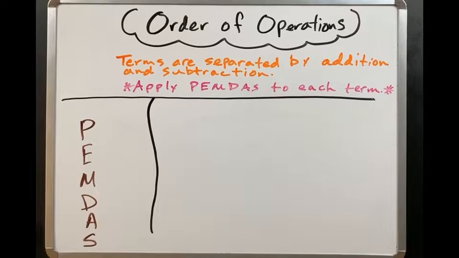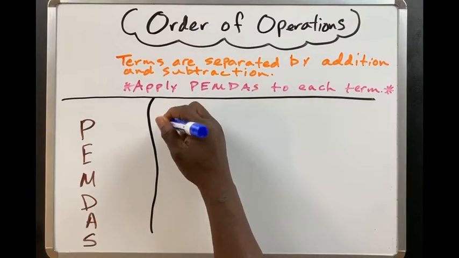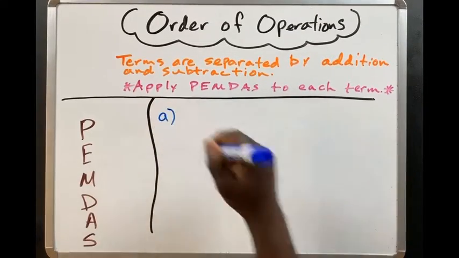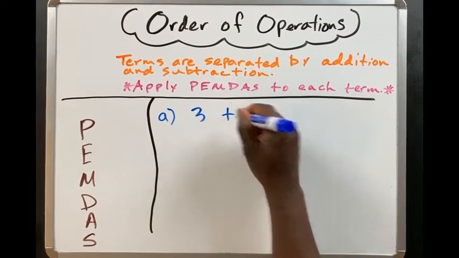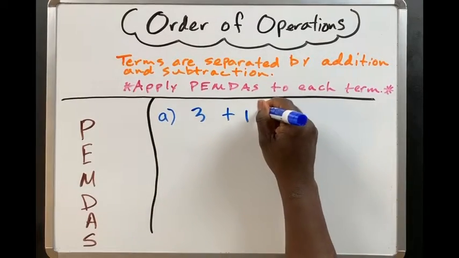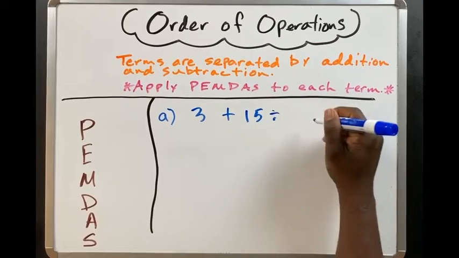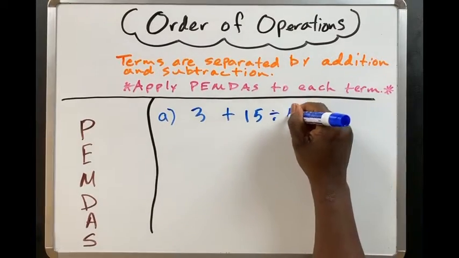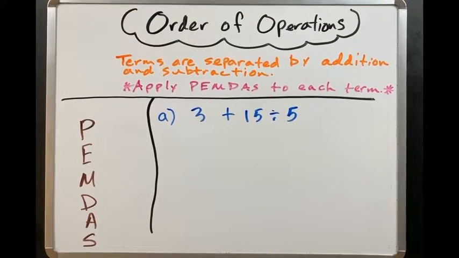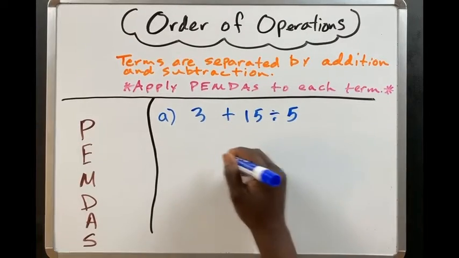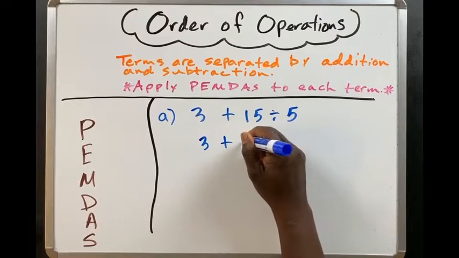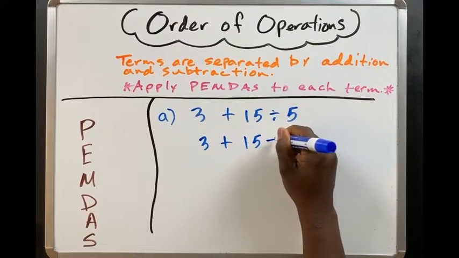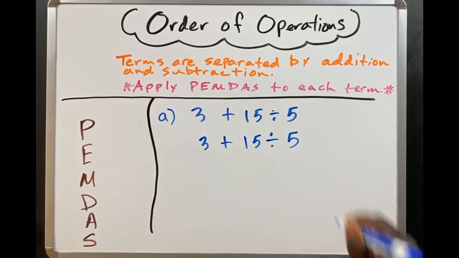Let's say we have a problem that says, we'll call this A. We have 3 plus 15 divided by 5. All right, so I'm going to write that again, bring that down, 3 plus 15 divided by 5.